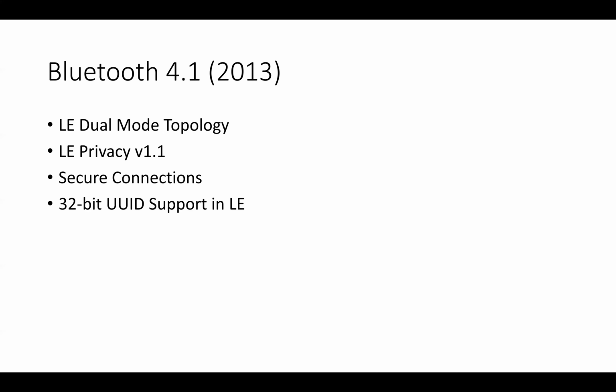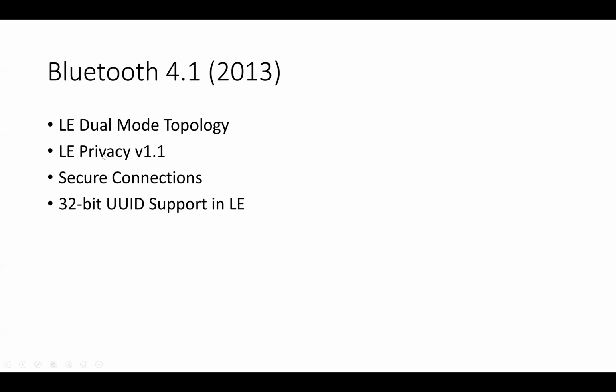Bluetooth 4.1. 4.0 shipped with a lot of rough edges. It was really hard for a single device to support both Bluetooth Low Energy and Bluetooth Classic, even though the protocol was designed to be supported on the same physical hardware. So Bluetooth 4.1 added dual mode topology, which is both of those acting together.